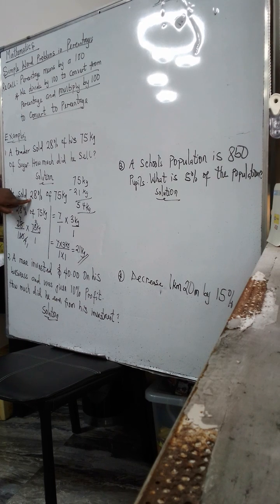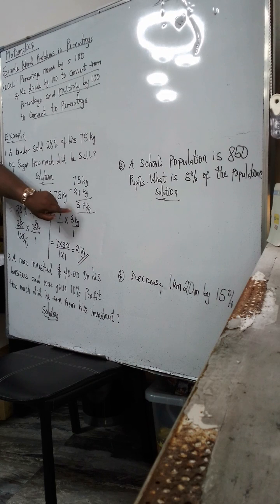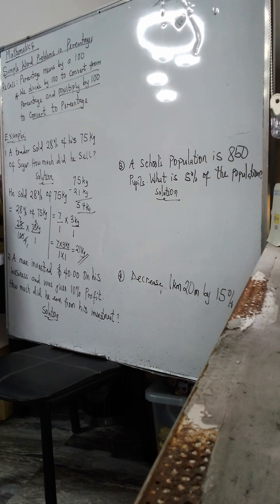So 28% of 75 kg is 21 kg. If that is the case, then 72% of 75 kg will be 54 kilograms of sugar. So I just want us to understand this. It is very, very important that we take note of these things.